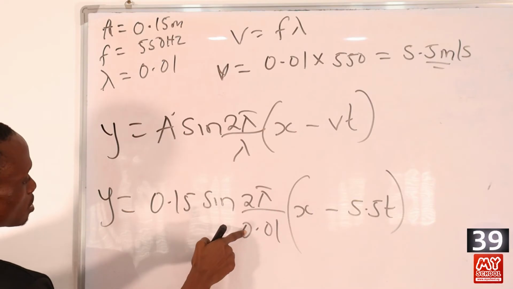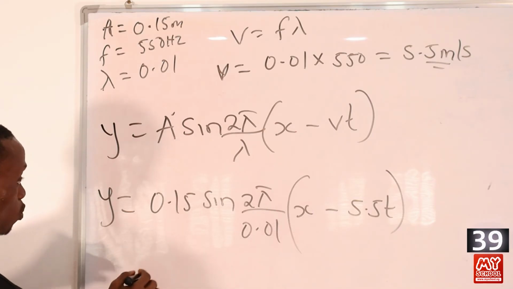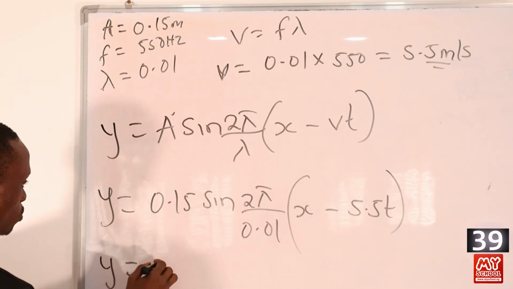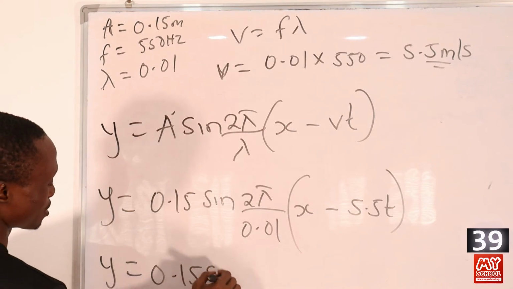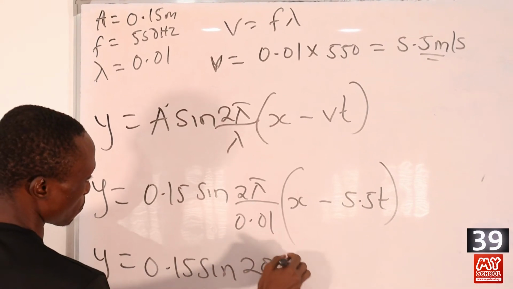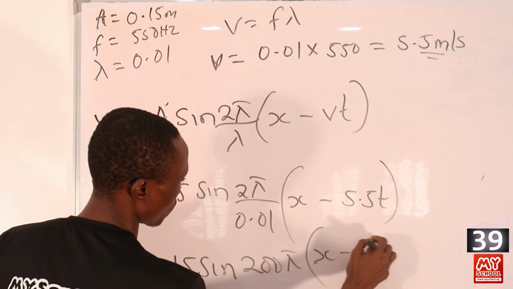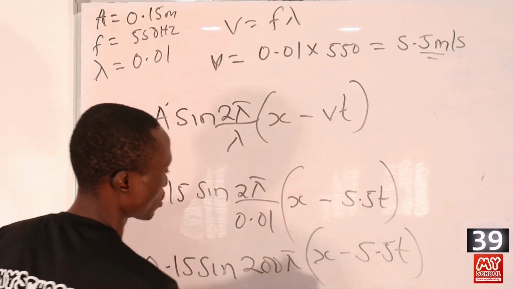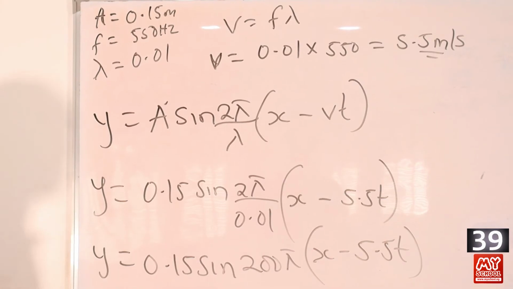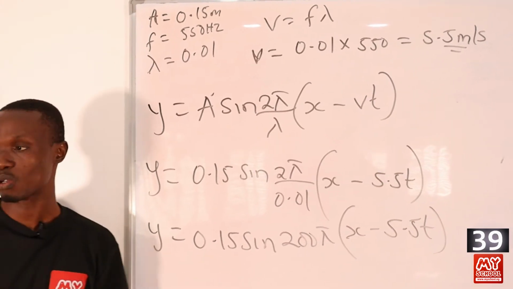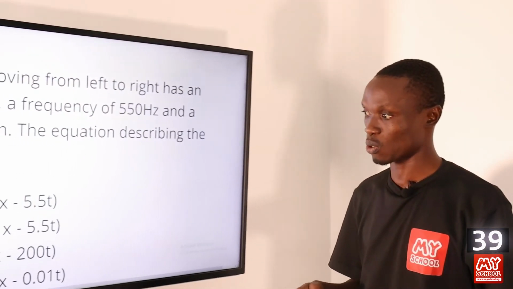Now 2 divided by 0.01 should be equal to 200, so that our y is equal to 0.15 sine 200 pi, then bracket open, x minus 5.5t. So this is the equation describing the wave. Let's move to the screen to pick the correct option to this question.